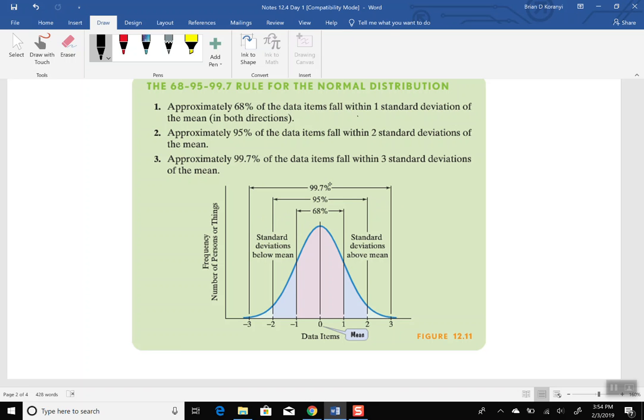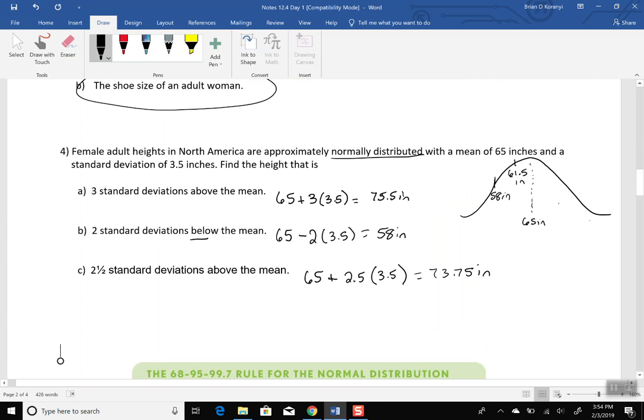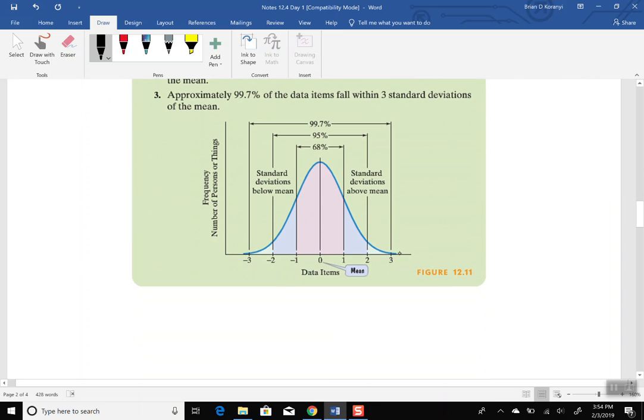And if you want to be super exact, you can say that 99.7% of your data is going to be within 3 deviations. Now, this is not 100% of your data, so there's still 0.3% left over. If you go 3 deviations one way and the other, there's still 0.15% above 3 deviations and 0.15% below 3 deviations.